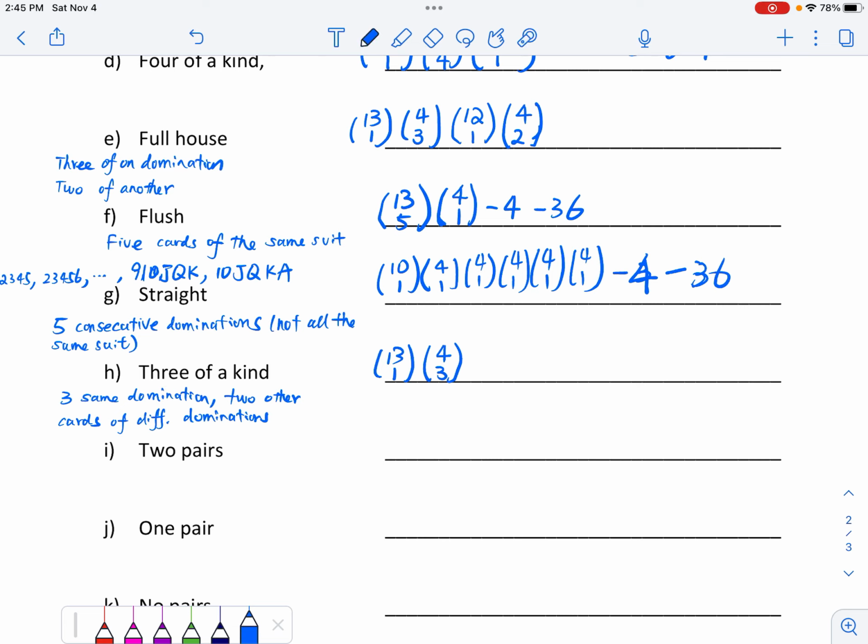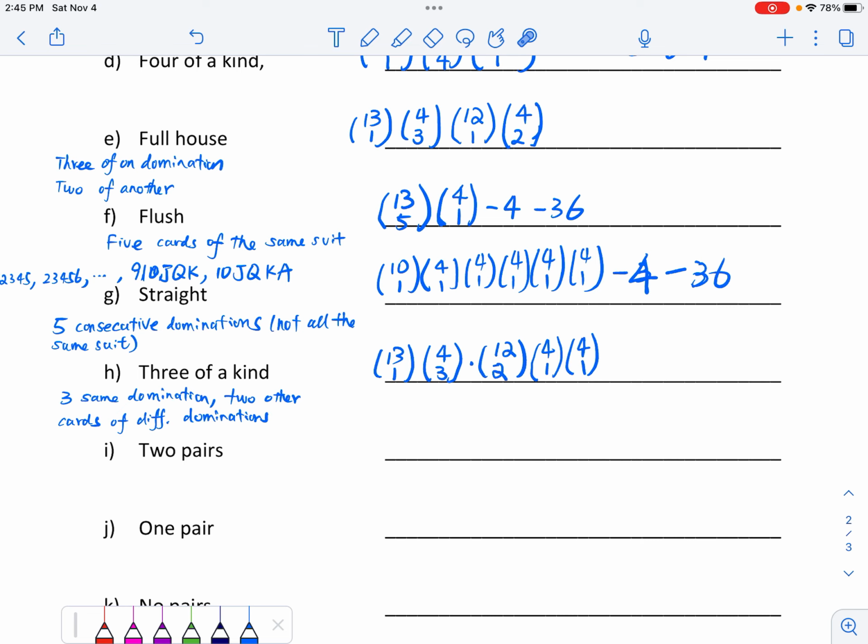Second step, we still have 2 other different cards, and they are different denominations. So I have to pick from the remaining 12 denominations. I'm going to pick 2 denominations out of it, and then for each denomination, I'll pick 1 card, right? One suit. Okay, so this guarantees that the last 2 cards will have 2 different denominations. So this is the correct way to count.